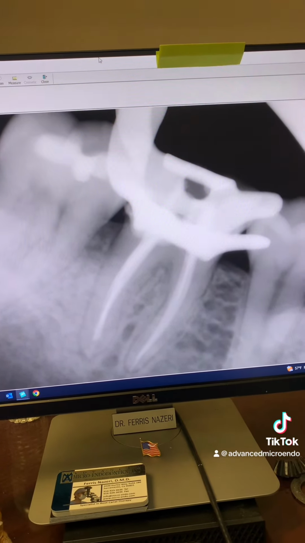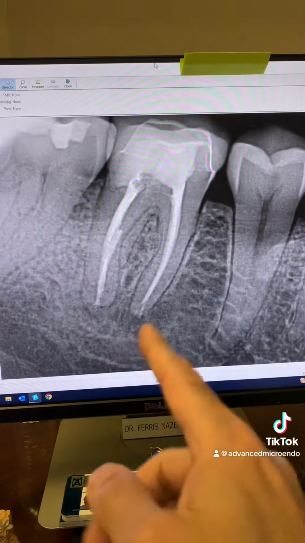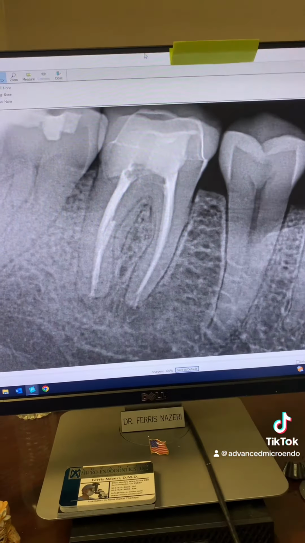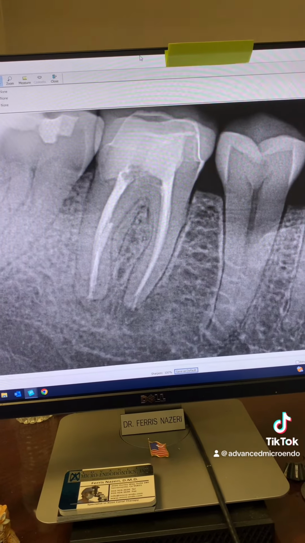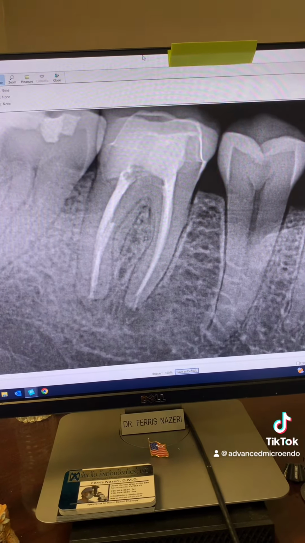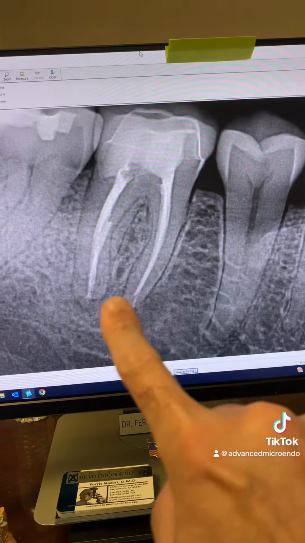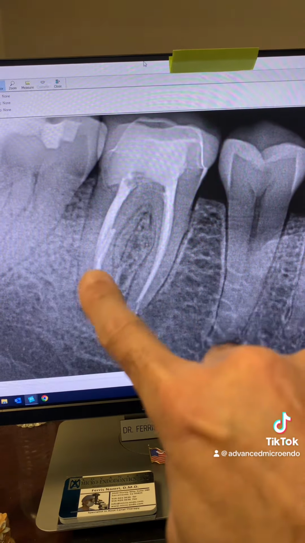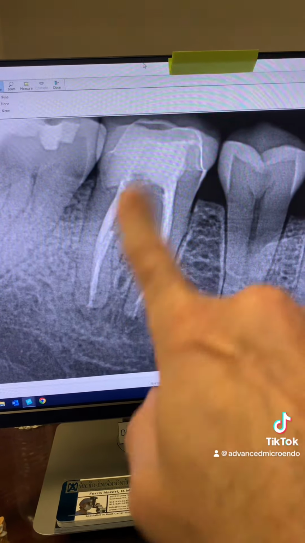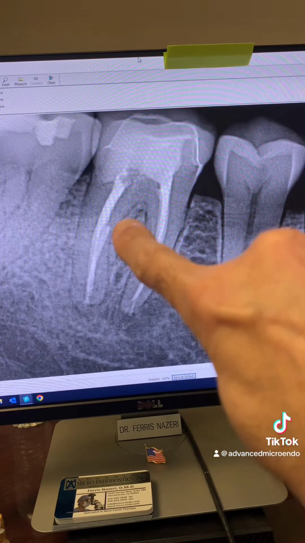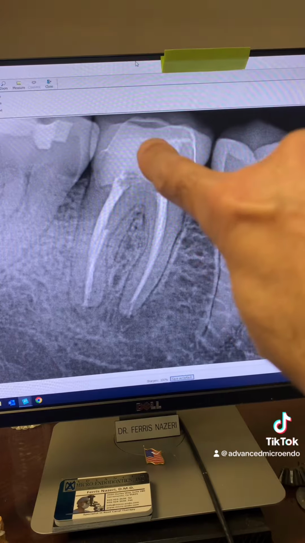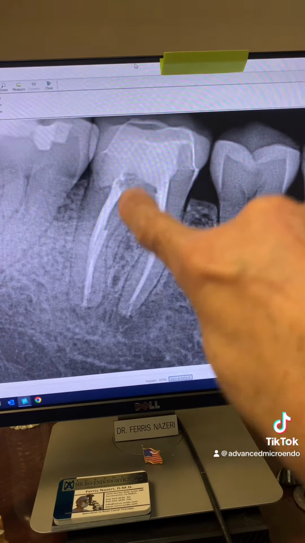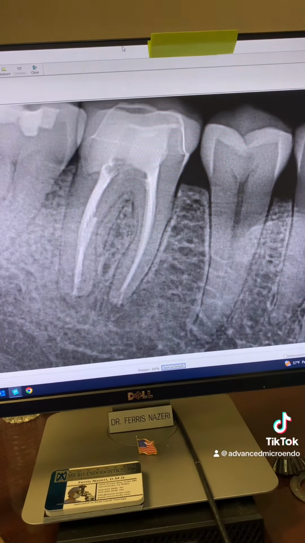All right, so this is our X-ray, another angulation. We never rely on just one angulation to make a diagnosis. And you can see on this angulation that there are actually two distal canals, and that one of the distal canals has, right there, the outline of a fiber post.